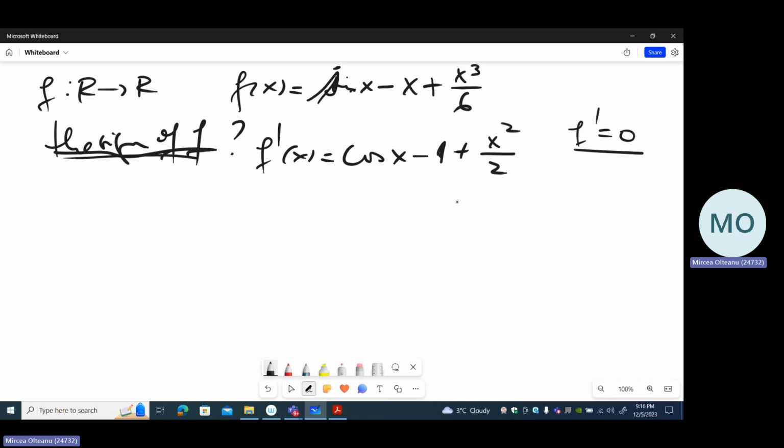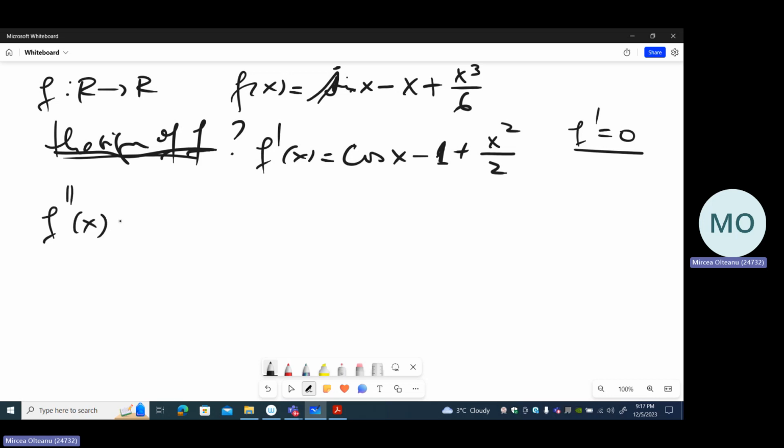So somehow we must accept this fact, and let us observe that the derivative f prime is still complicated, but it has a simpler form than the function f. So there is a hope that by using the same procedure, by computing the second derivative, the derivative of f prime, we obtain a simpler function.